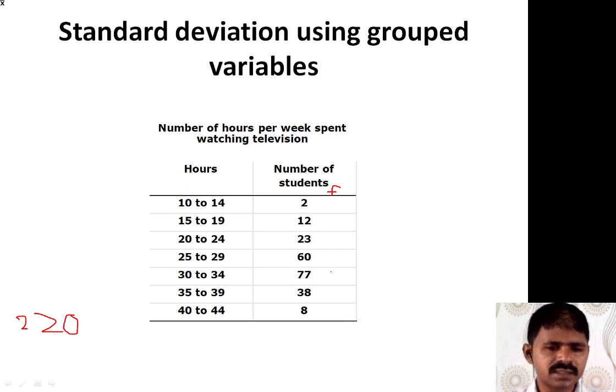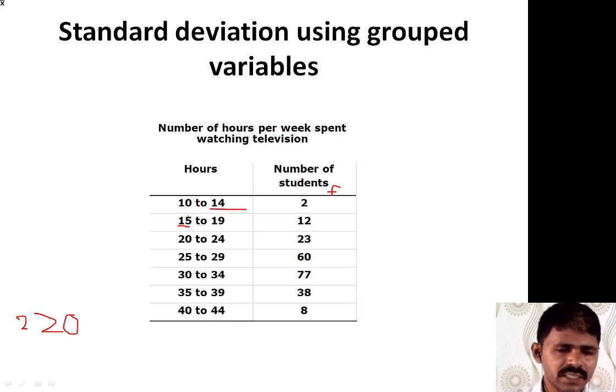Now we have to find the variance and standard deviation. For that, we first have to find the mean. For grouped data, to find the mean, we have to find the mid values of the class intervals. Here one class is 10 to 14, and the next starts with 15 to 19.